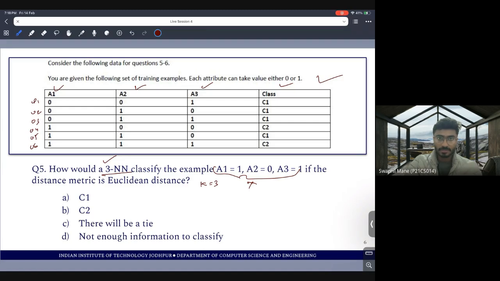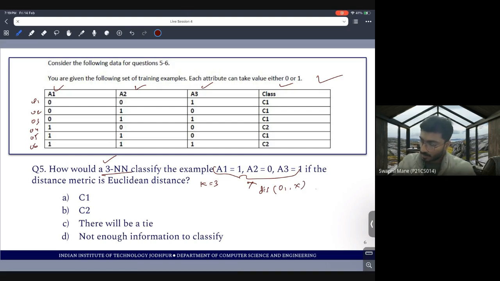Okay, for your reference, I will write the Euclidean distance. Let's see which one is correct. Euclidean distance for multidimensional data: suppose you are finding the distance between object 1 and x.